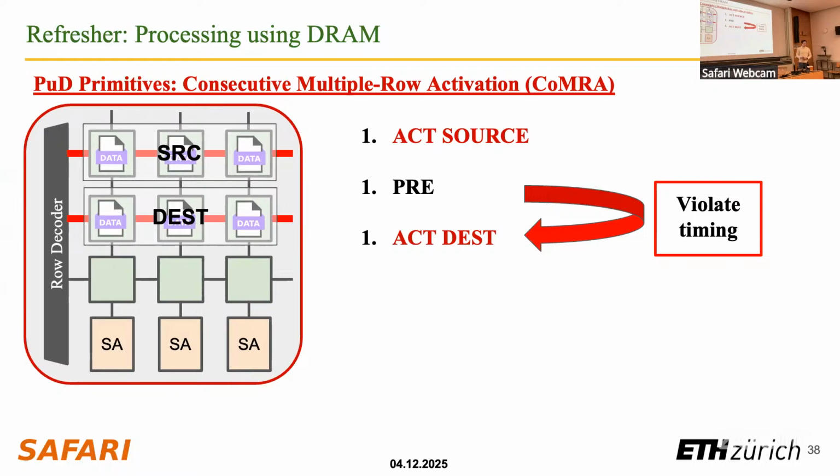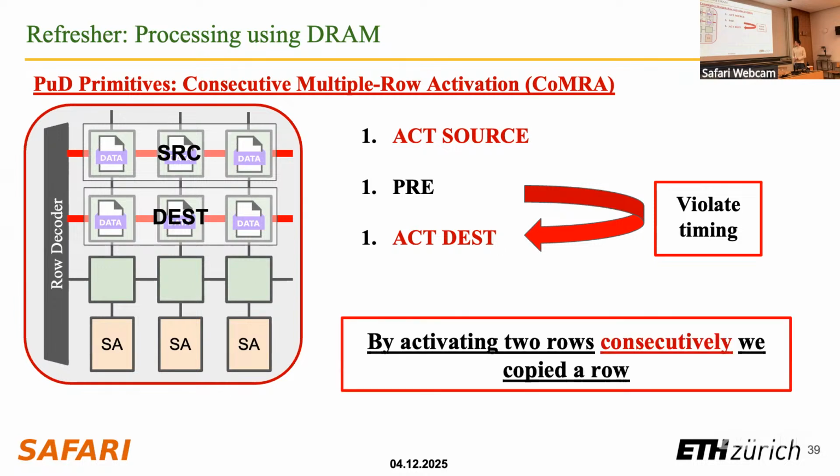And it's going to be a lot shorter than what the DRAM manufacturer would write on their data sheet. And this way you can copy the source row to the destination row. So these rows are activated in very short succession, and the charge basically gets written into our destination row.